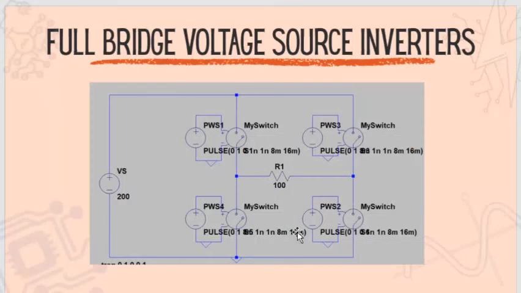I simulated the circuit diagram of a full bridge or H-bridge inverter. I used PWM, or pulse width modulation, so 4 PWM signals for 4 switches connected to a 100 ohm resistor and a 200 volt DC source.